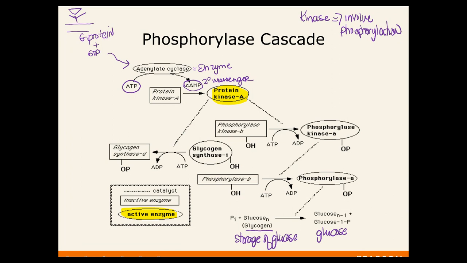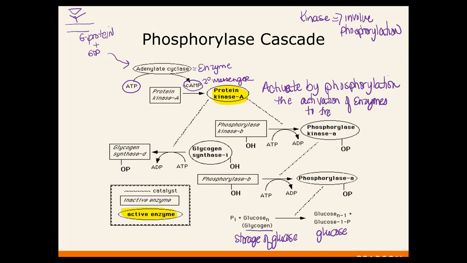Okay, and here's where the body and biochemistry is so amazing. Protein kinase A is going to activate, by phosphorylation events, the activation of enzymes to free up glucose.